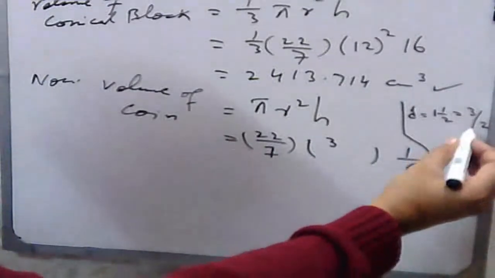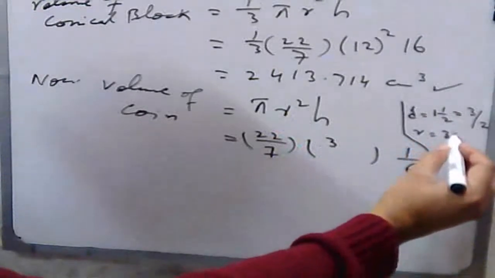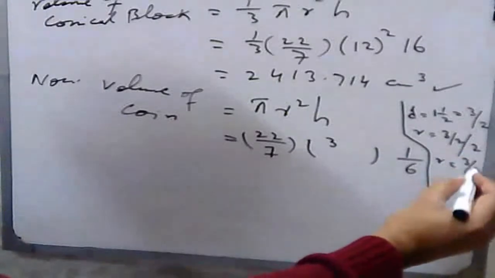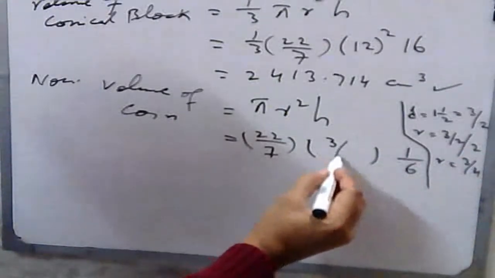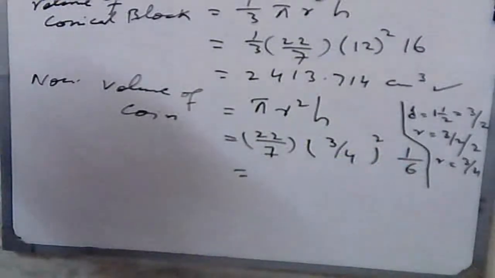It is given when we read the statement, but we need r, so the value of r is 3/2 divided by 2, so you will get 3/4. So you can put here 3/4 square.